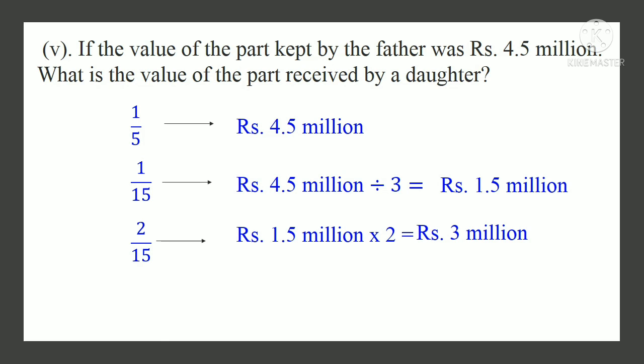So, you have to take again 2 parts. You have to multiply this one by 2. 1.5 million rupees times 2 means again how much? 3 million. This is the amount of the land received by a daughter. This is the value. Right?